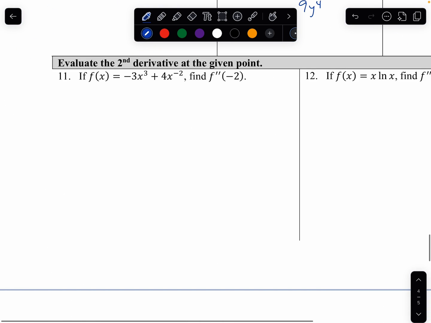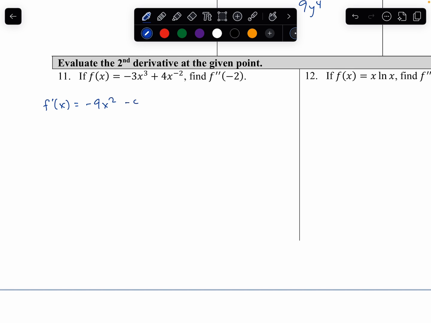For 11, evaluate the second derivative at the given point. The first derivative is going to be equal to negative 9x squared minus 8x to the negative 3. The second derivative is going to be equal to negative 18x plus 24x to the negative 4.